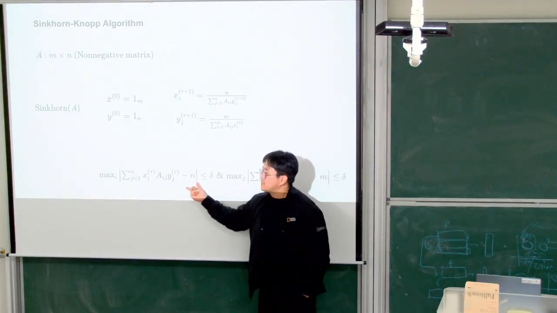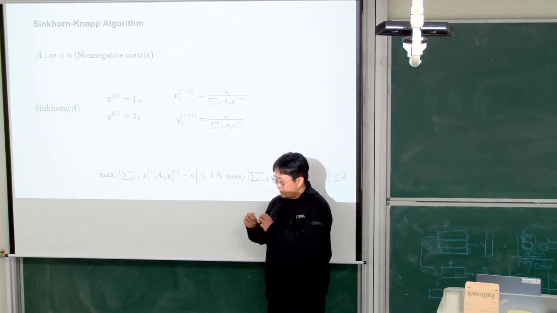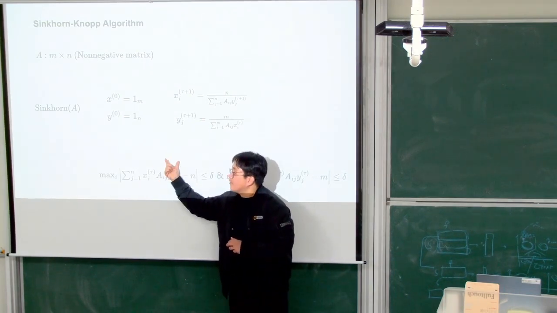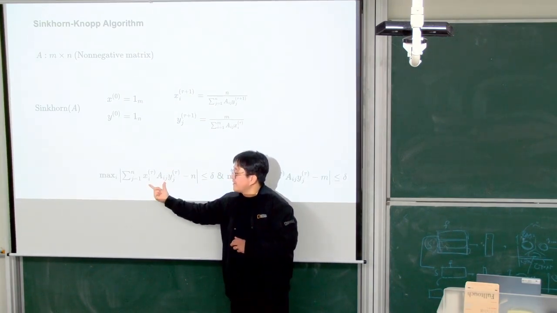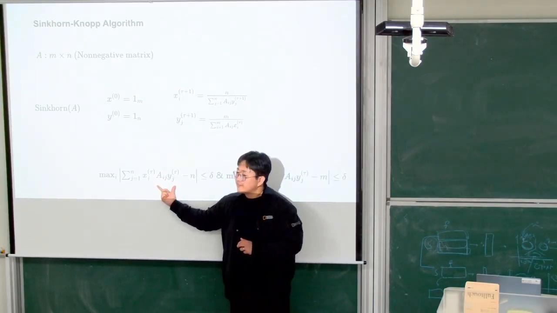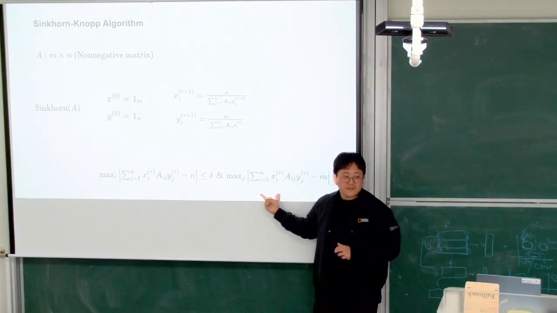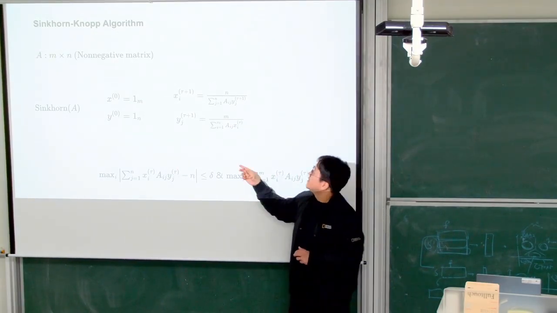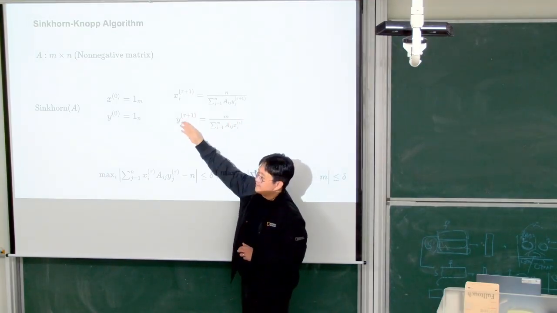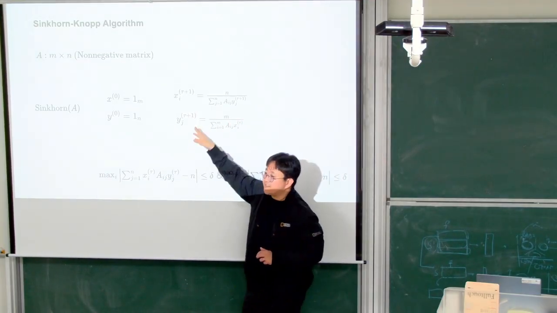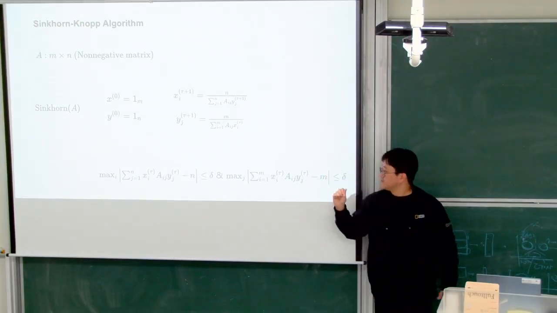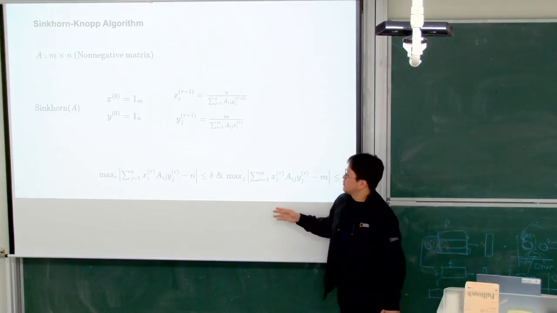The purpose is that the average of this should be 1, and this should be 0. So we can iteratively update it using this. This is the input, and eventually we want to make it 0.